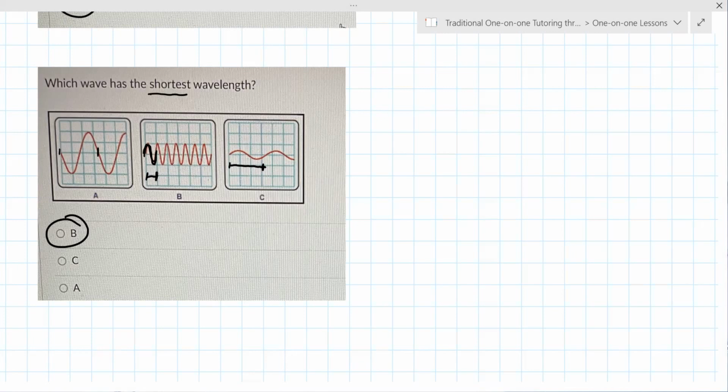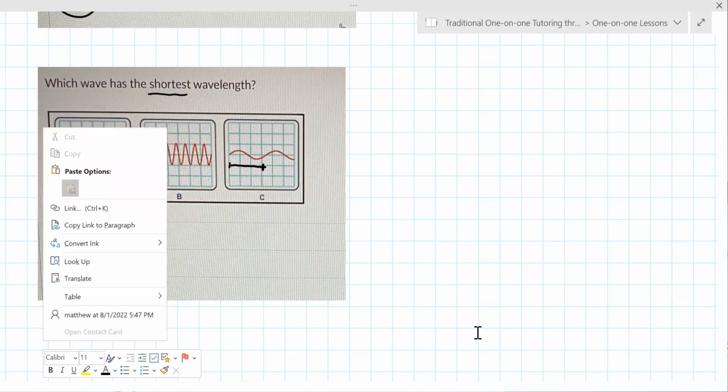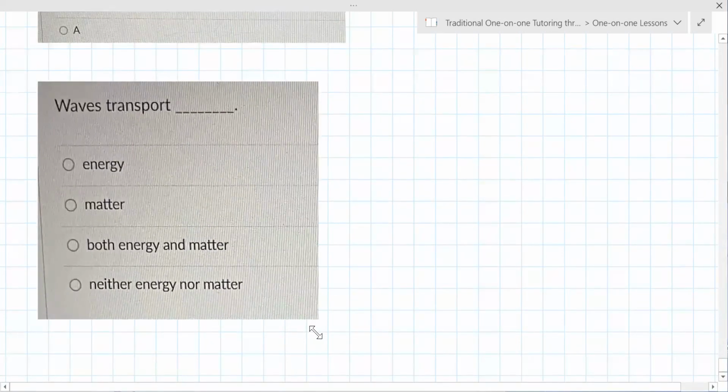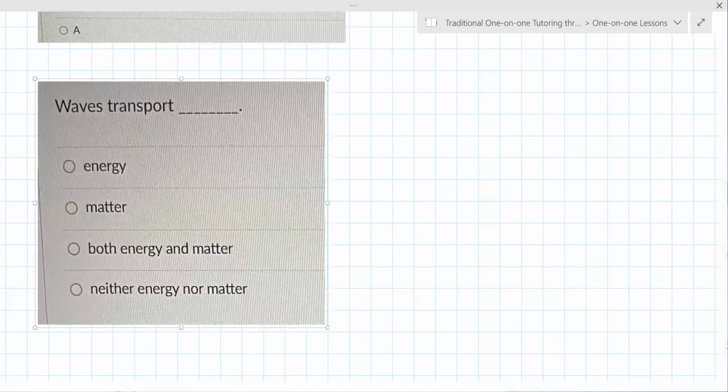Waves transport. So they definitely transport energy. Like when I think of waves in the ocean transporting matter, I think of things like moving up, riding them. But let me just check here because we want to get this right. So waves transport energy.